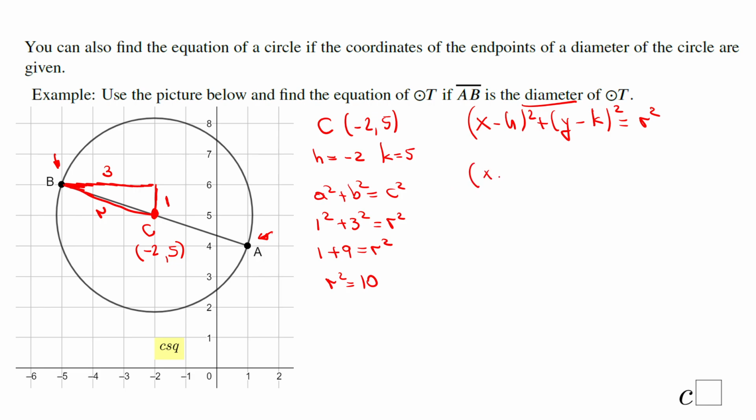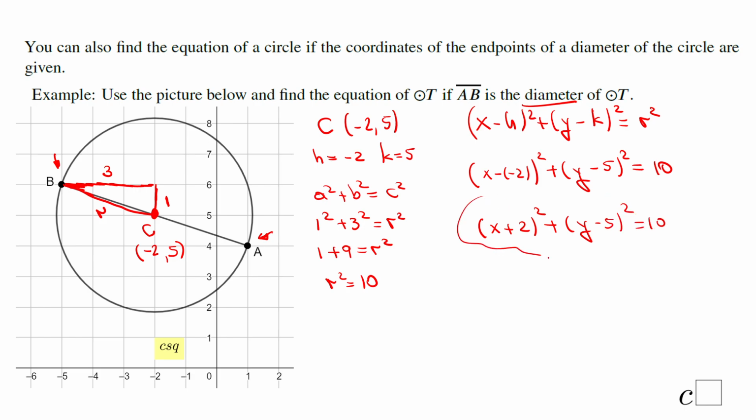We have here x minus negative 2 squared plus y minus 5 squared. So these are h and k, equals, and the radius squared is 10. One more step is to simplify the first parenthesis, and we have x plus 2 squared plus y minus 5 squared equals 10. That's it. Remember, this is a nice example. Sometimes in order to find the center, you have to use the midpoint formula.